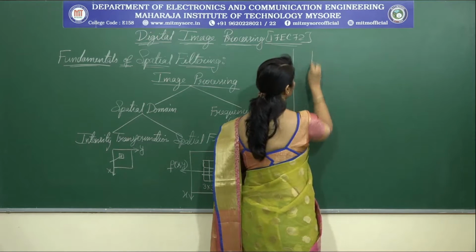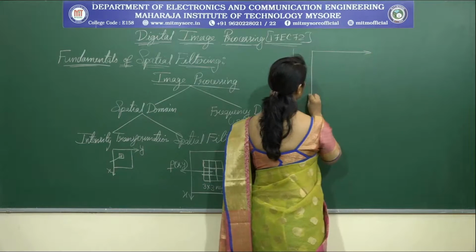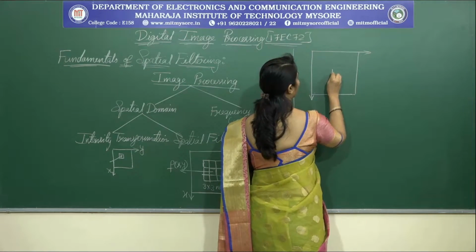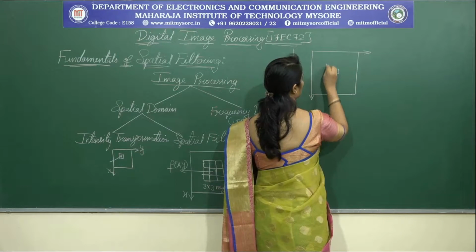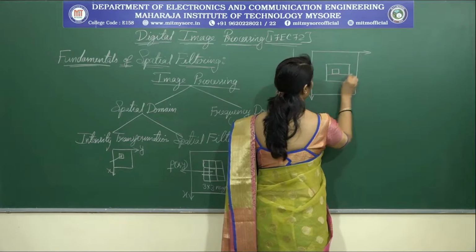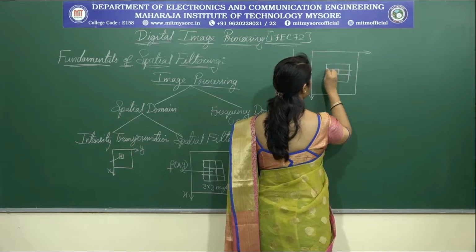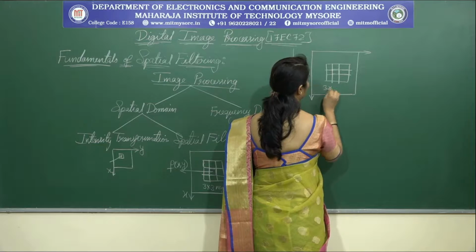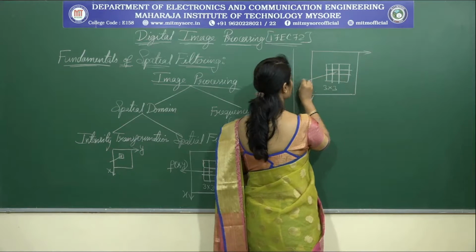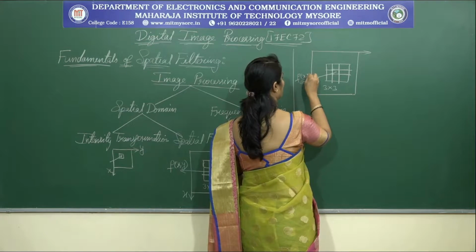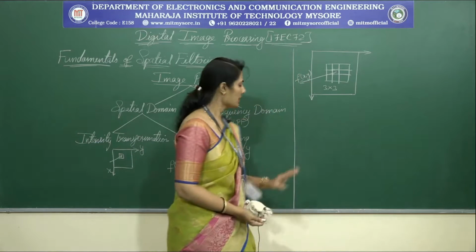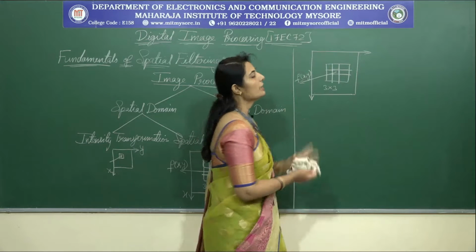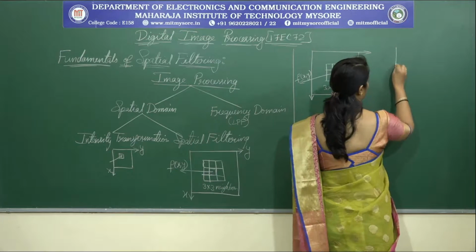Suppose this is the image plane, and this is the pixel of concentration. Here I am going to consider its neighbors. I have considered a 3 cross 3 neighborhood. This pixel is f of x comma y. In spatial filtering, in order to perform operation on this neighborhood, we need to consider a mask.